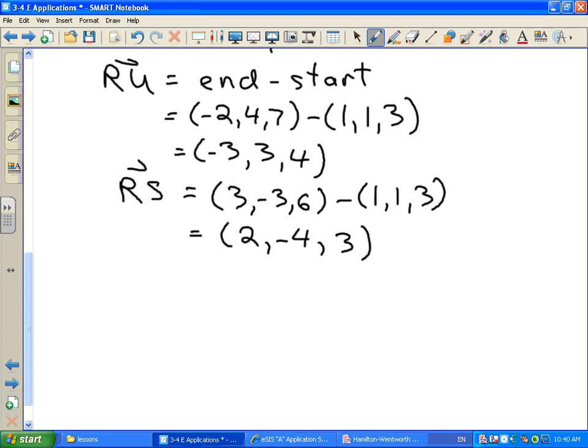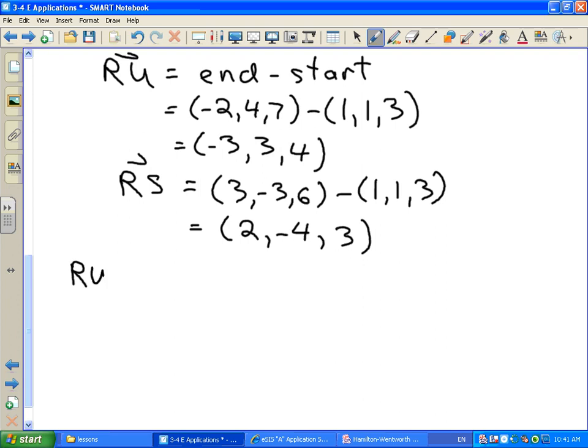And now we want to do the cross product here. So we want to do RU cross RS, or we could do RS cross RU. It doesn't make much of a difference here because we're going to take the magnitude anyways. So let's set up our cross product here.